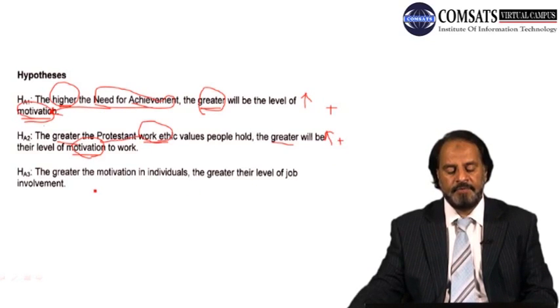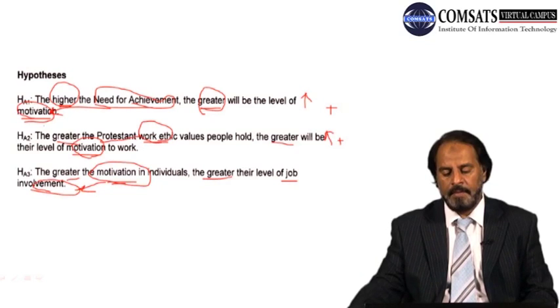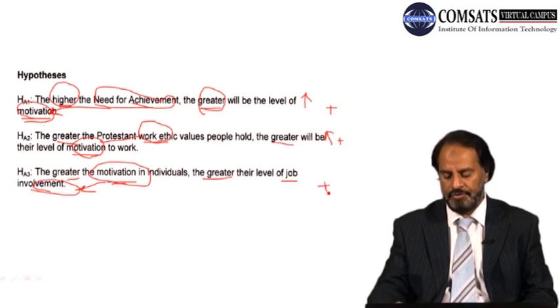A third hypothesis statement drawn based on the theoretical framework: the greater the motivation level of individuals, the greater the job involvement. Again, we're keeping motivation as one variable and job involvement as the second variable. We're saying there is a relationship, and this is also a positive type of relationship.